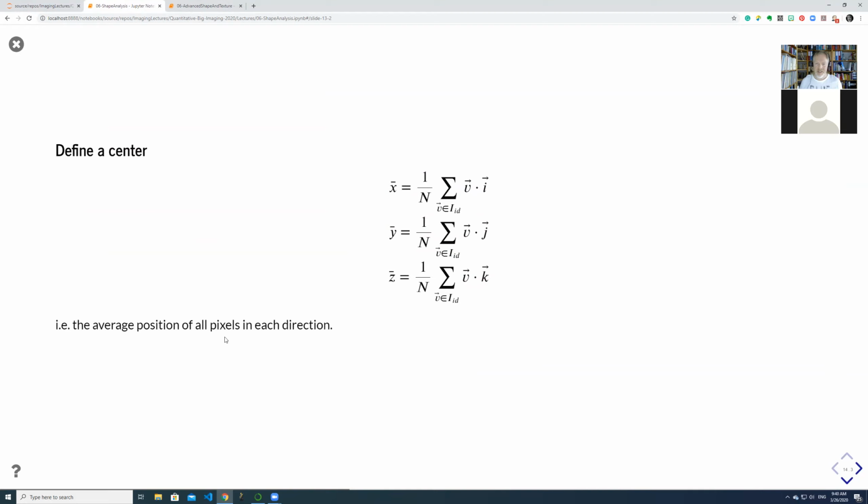So for the X position, we have the average of position times the pixel value at that point. And that for each direction.